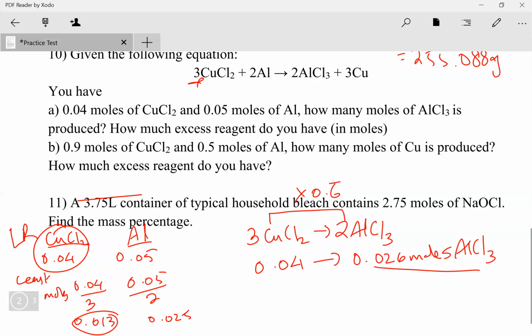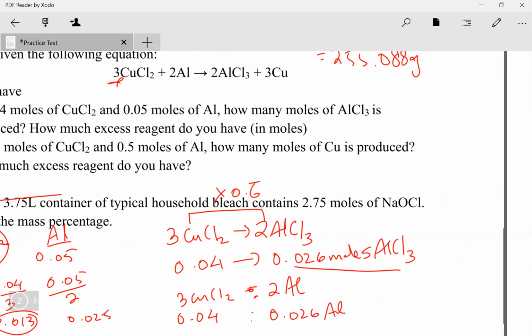So this is one of my answers, and I have to find how much excess reagent I have, right? So 3 CuCl2 reacts with 2 aluminum. So 0.04 CuCl2 is going to react with 0.026 aluminum.